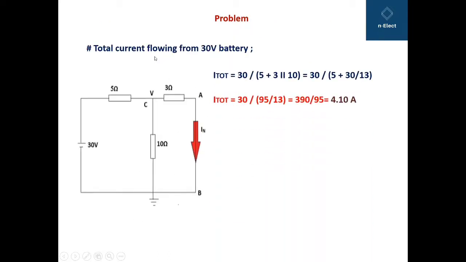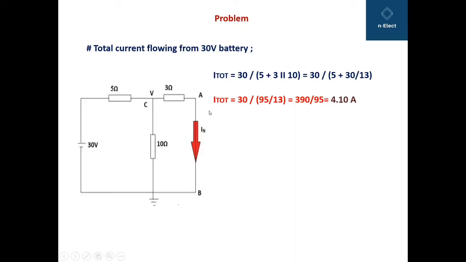Now, the total current flowing from the 30 volt battery we will calculate. So I total will be equal to 30 volts divided by the total resistance existing in the circuit. Starting from 30 volts, we go through this 5 ohm resistor and the parallel combination of the 3 and 10 ohm resistors.